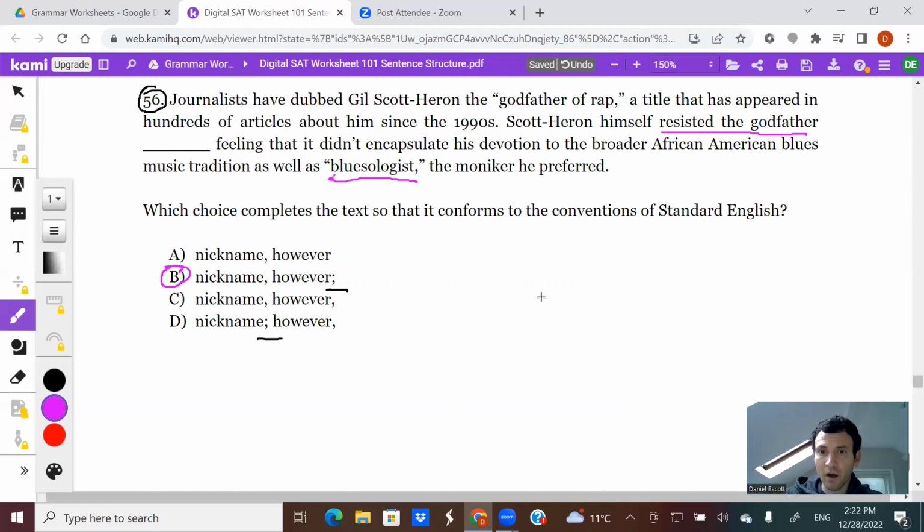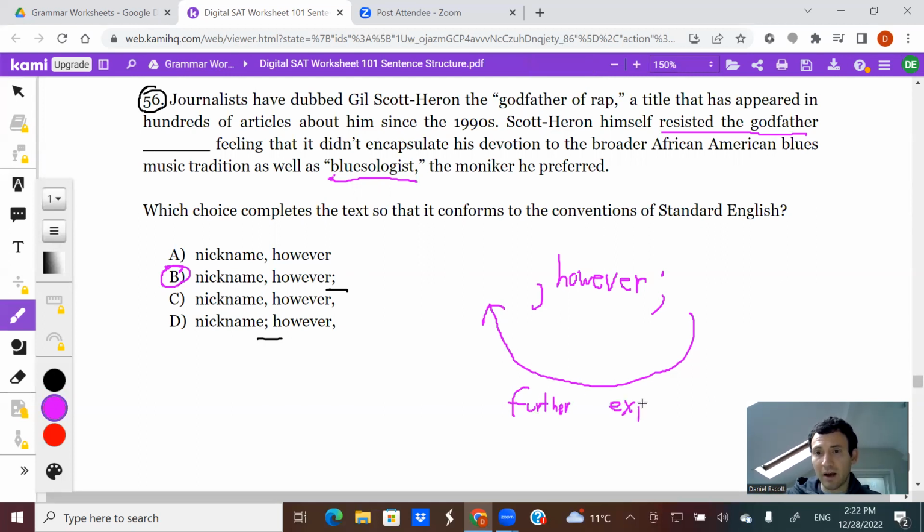And if you remember, when it's comma, however, semicolon, or comma, contrast word, semicolon, it's actually not a contrast, right? It's further explaining the first part. And that's what we have here. So that's why it's not D. A lot of people will go for D. D sets up a contrast. We don't have a contrast.